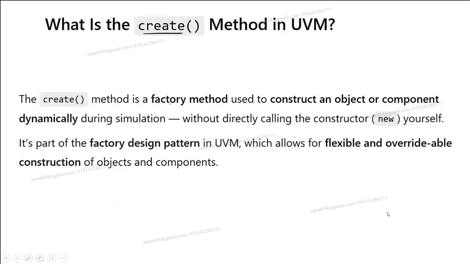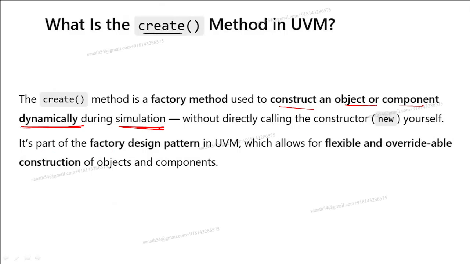Create method in UVM, create, is a keyword. Create method is a factory method used to construct an object or a component dynamically, during the simulation, without directly calling the constructor new yourself.